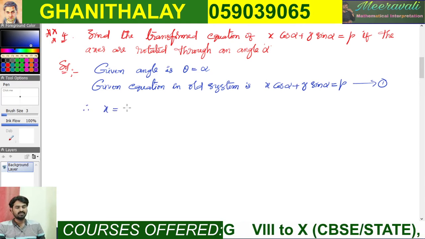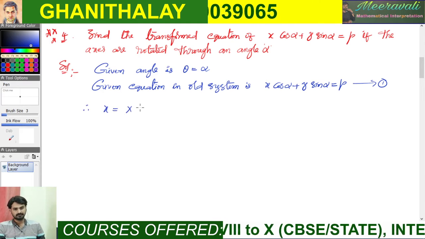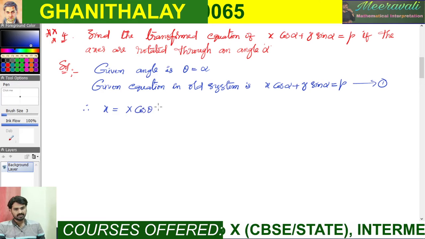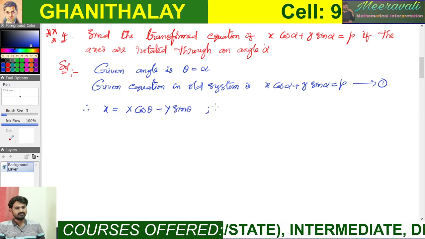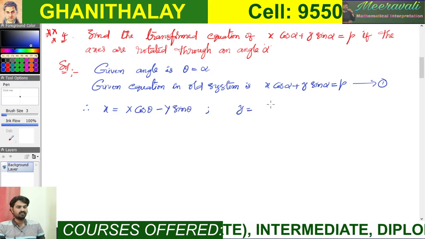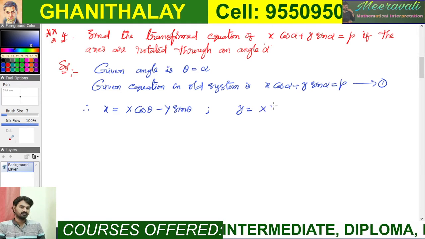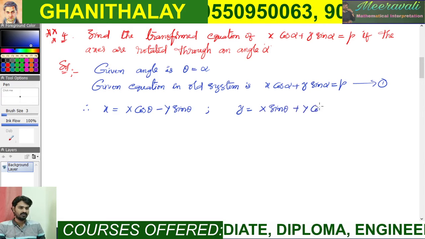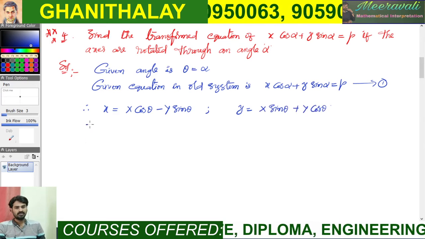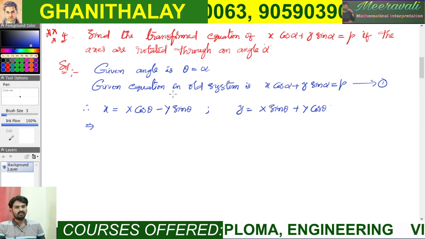Therefore small x is equal to capital X cos theta minus capital Y sin theta. The same way small y is equal to capital X sin theta plus capital Y cos theta. Now put theta value alpha.